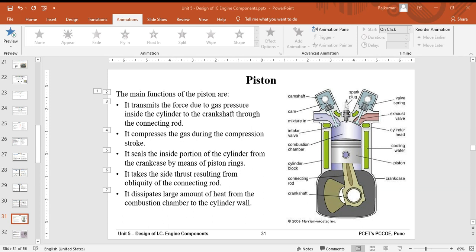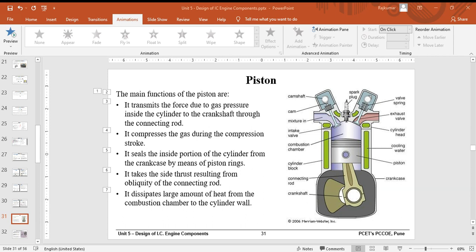Then, based on the location of the suction valve, exhaust valve, and the fuel injector in the case of a diesel engine, or the spark plug in the case of a petrol engine, and based on their arrangement, the location of the cup is decided, whether it should be at the middle or close to either end.